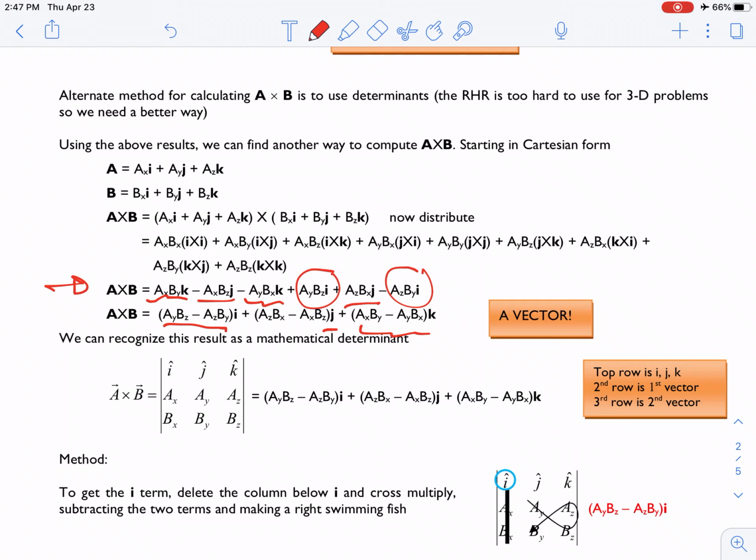Okay, and this takes some time to get here, right? I mean, it takes a lot of time, but we can use this. We can use a determinant to figure this out, and I think I'm going to talk about that in the next video.